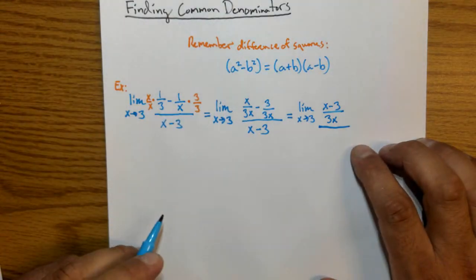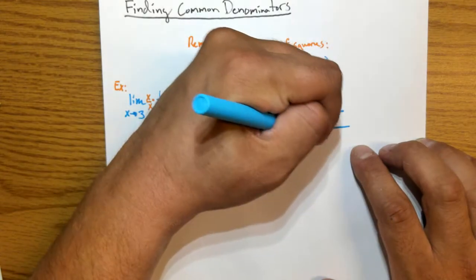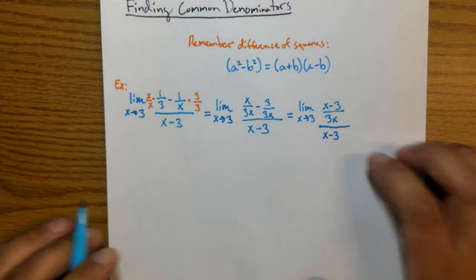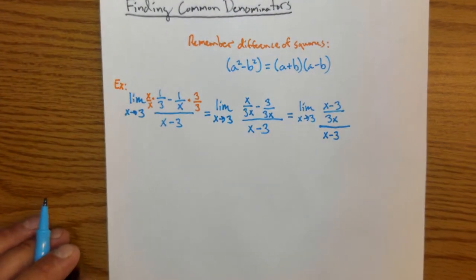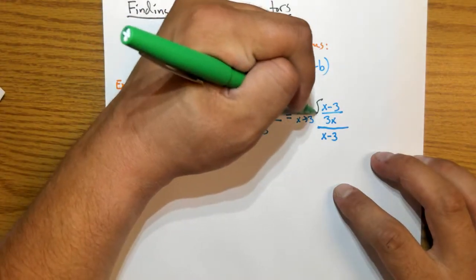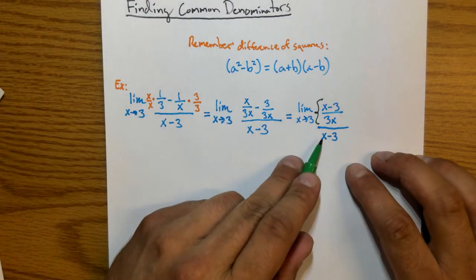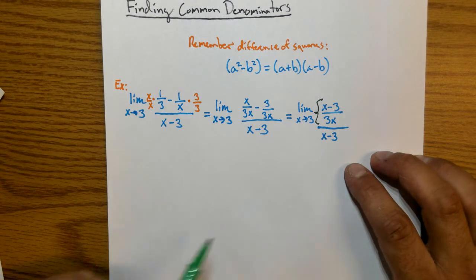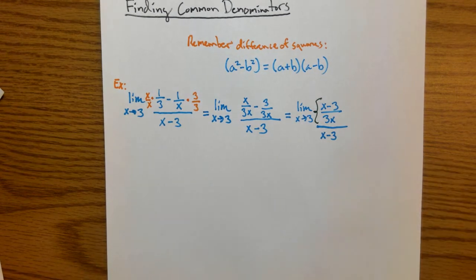X minus 3 over 3x divided by x minus 3. Now let's think about this. We have this thing being divided by this thing. Remember the idea that dividing by something is the same as multiplying by its reciprocal?